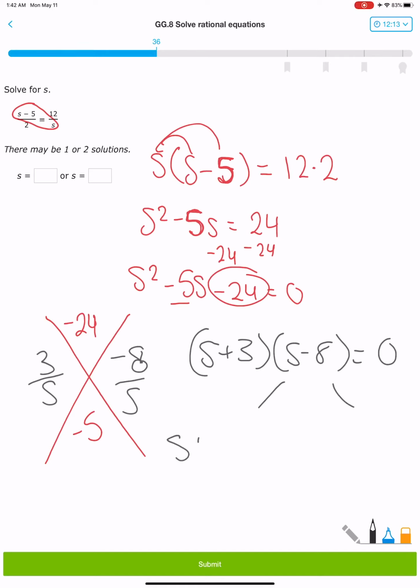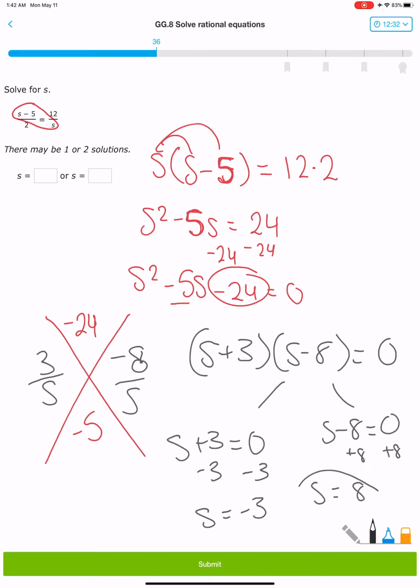We got s plus 3 equals 0. We got s minus 8 equals 0. We're going to subtract 3 on both sides. We got s equals negative 3. Now we got s equals, we're going to add 8 on both sides. s equals 8. So these are our two solutions.